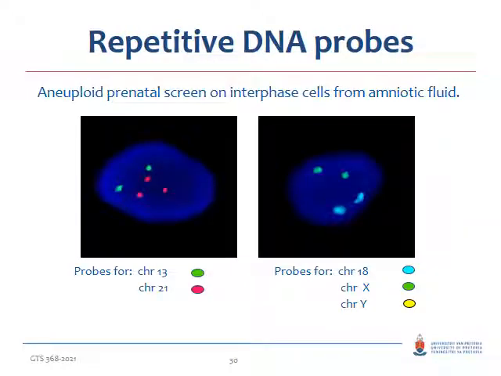And here is an example of a prenatal screen in interphase cells, which basically detects trisomy of chromosome 21. Note on this side that you have 3 red signals.